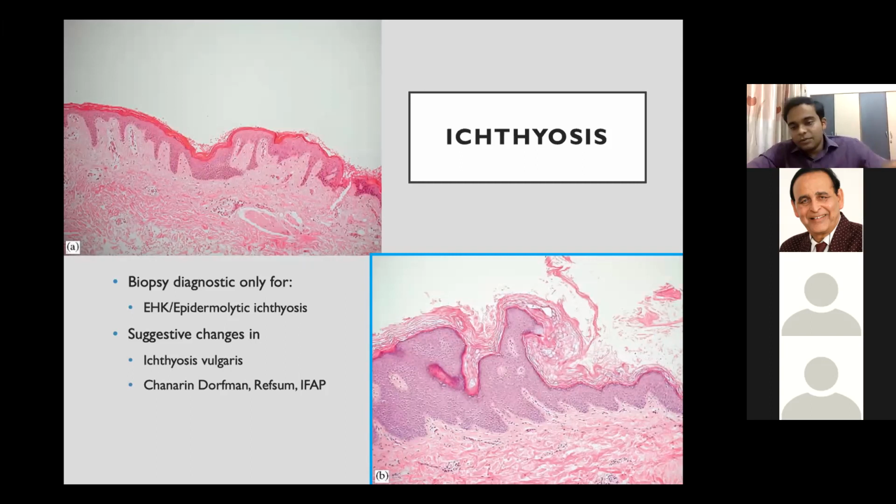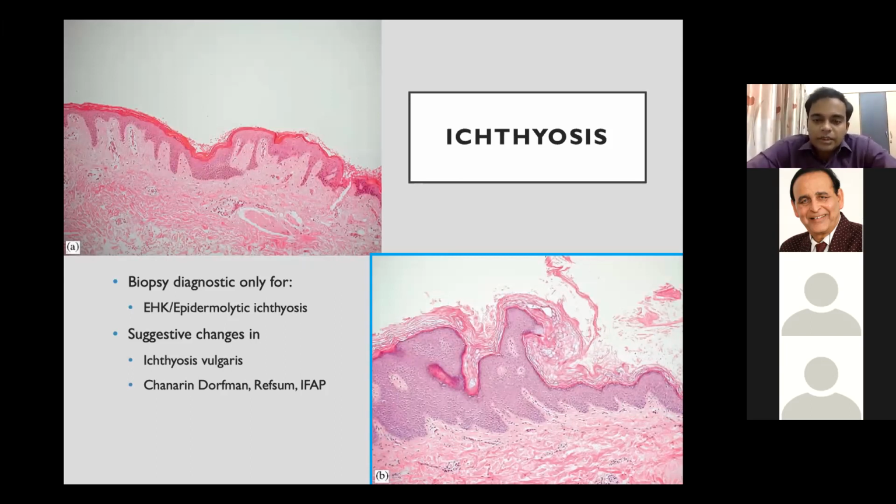And some soft pointers may be found in ichthyosis vulgaris, where you have absent or hypogranulosis. The granular layer may be absent. So it is sometimes a differential for psoriasis, because in psoriasis also you can see loss of granular layer, but there are so many other findings in psoriasis that it's not really confused with ichthyosis vulgaris.